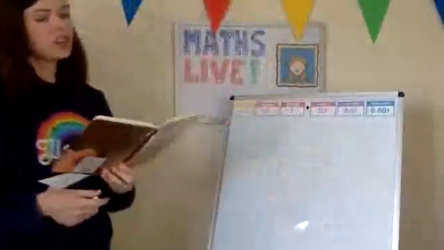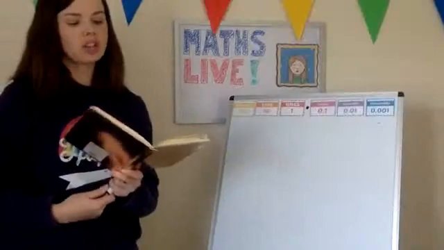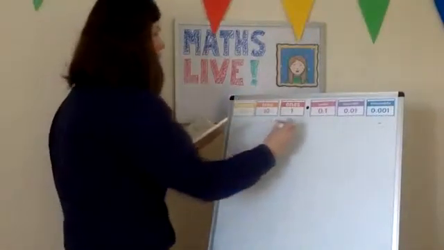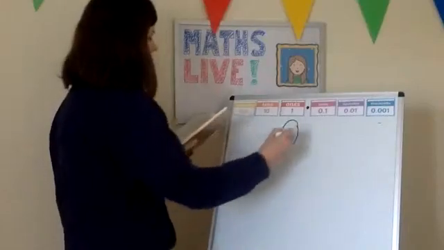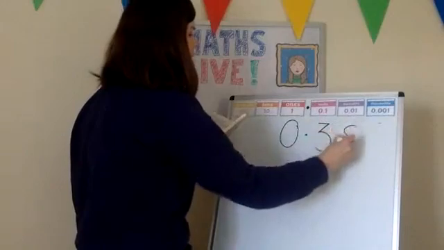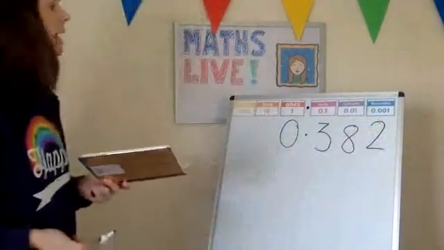So the first question was, circle the hundredths digit in this number: 0.382. I've put it on my place value chart.